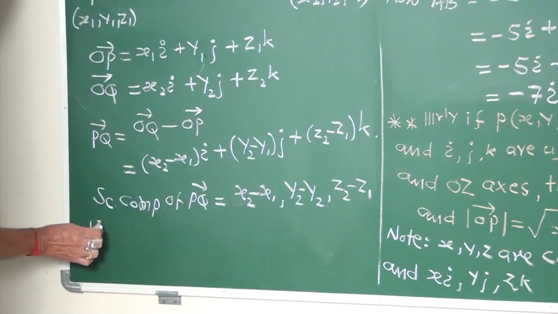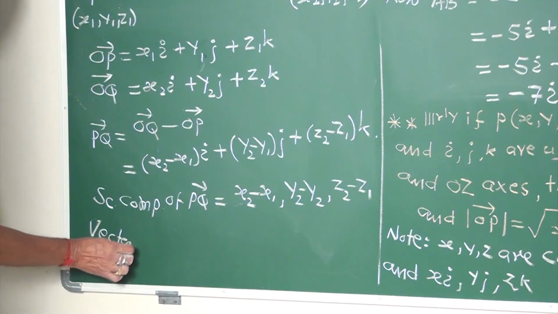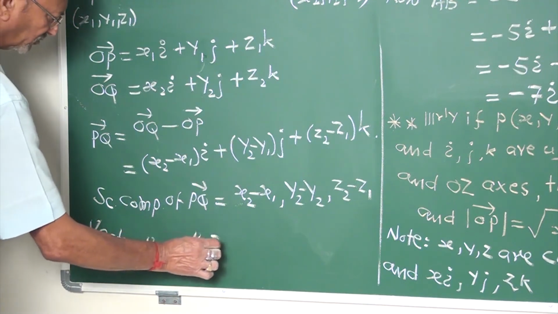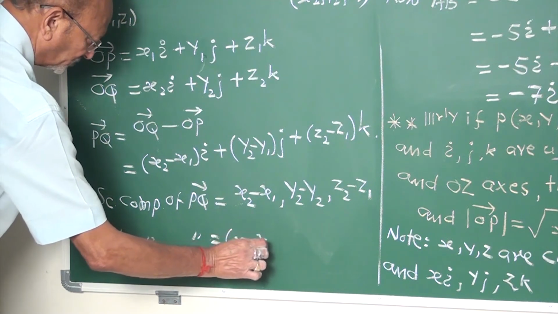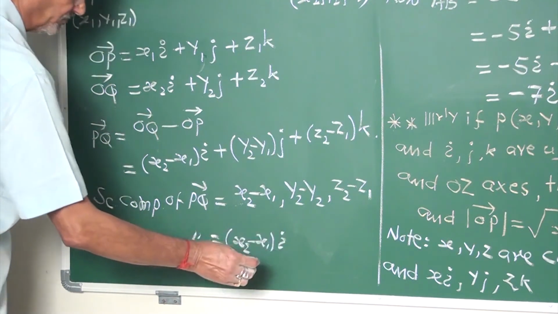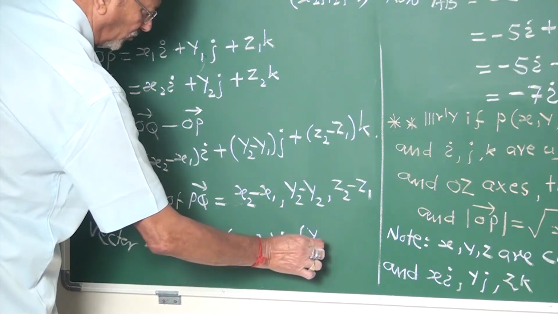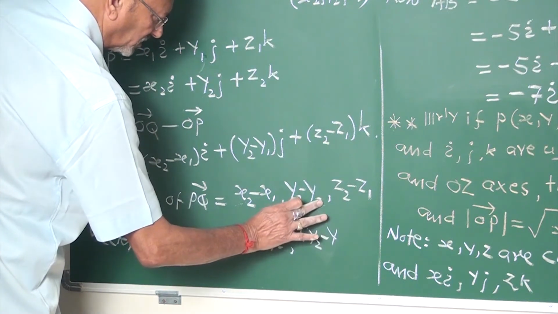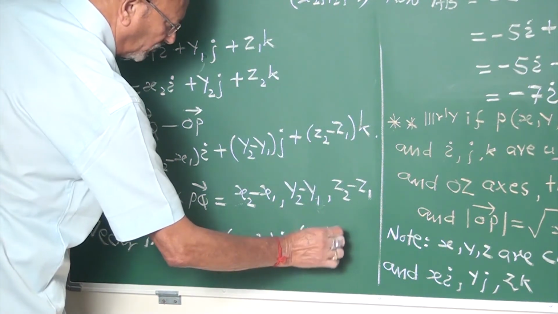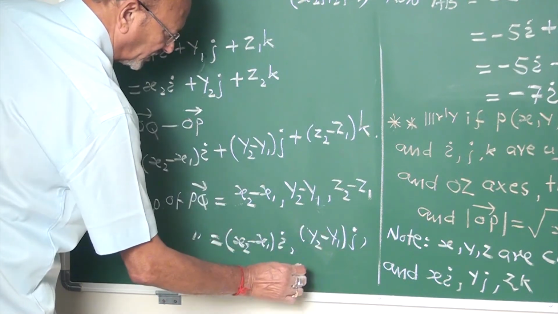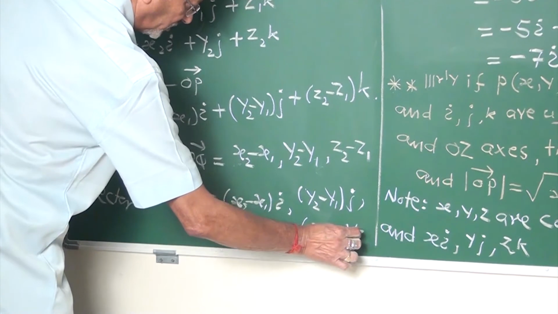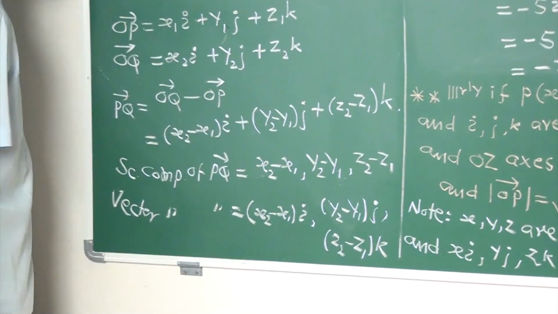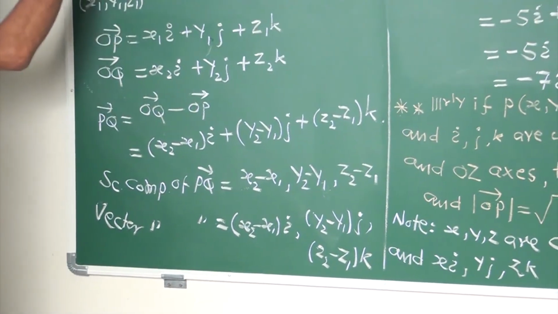And the vector components of vector PQ, you have to just multiply: x2 minus x1 into i, y2 minus y1 into j, and z2 minus z1 into k. These are, my friends, the vector components.